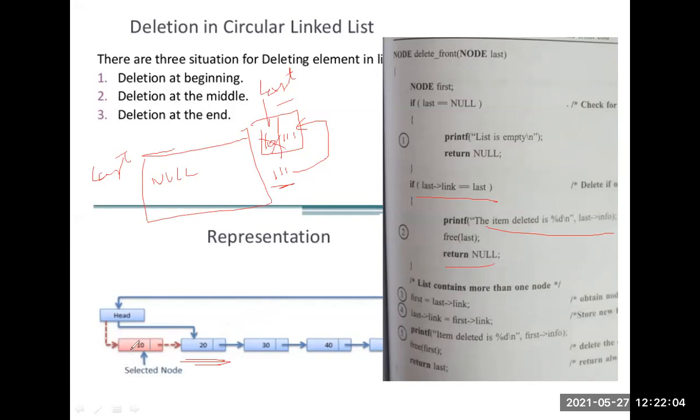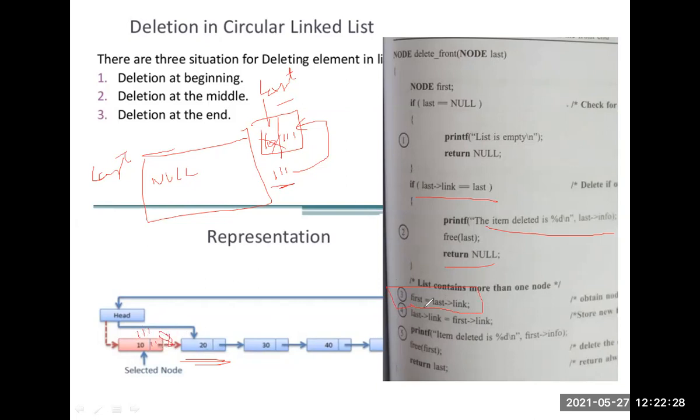So that's why I have taken a temporary variable first. So first equal to last of link. So I store the address of the first node. What is first? The first node address, 111 is the first. So first of link means this address, that is 118. So this address is first of link.